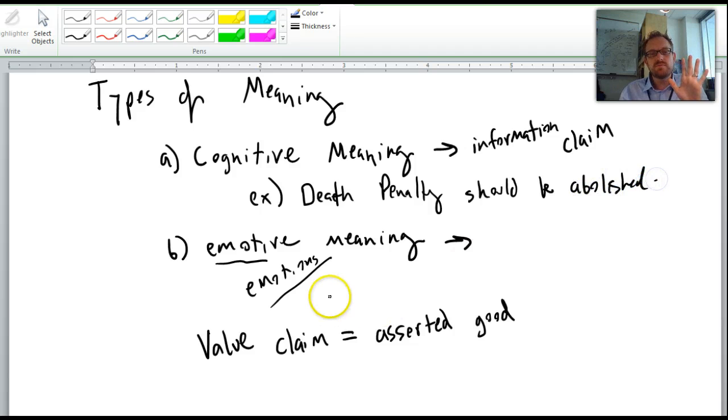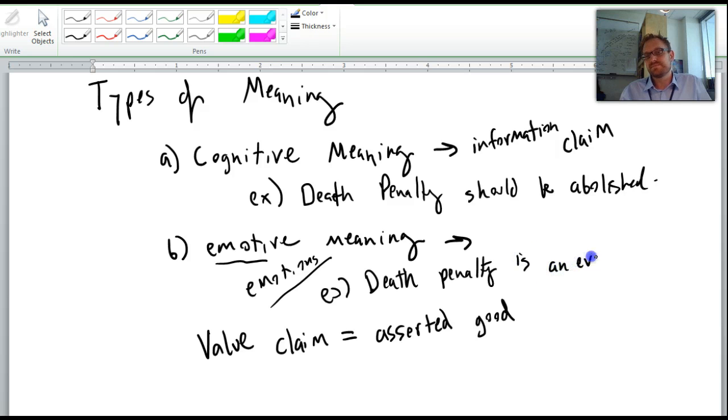But what's the emotive meaning is that the death penalty is an evil, right, or something like that. So the emotive meaning is the value claim that's ultimately asserted through some sort of emotional trappings of language, and the cognitive meaning is what's actually being asserted as the conclusion in this case.